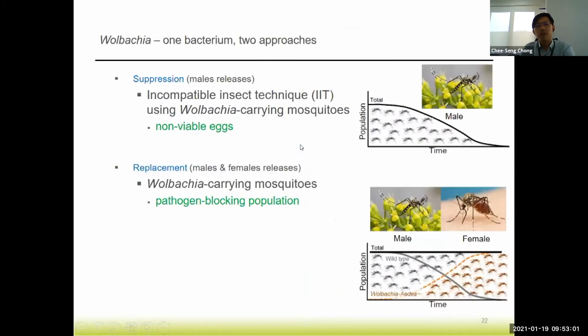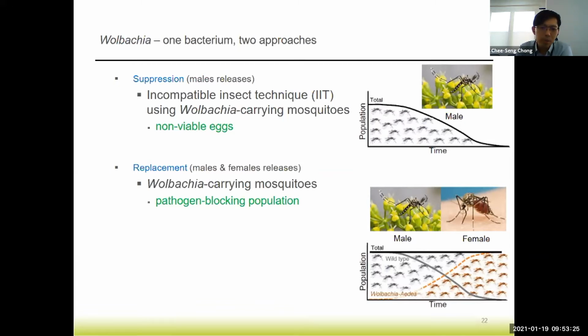So Wolbachia is very interesting because essentially it's one bacteria with two approaches, really depending on how you use it. If you use it as a suppression approach where only male mosquitoes are released, this will lead to non-viable eggs, and across time, that's where the population will decline.